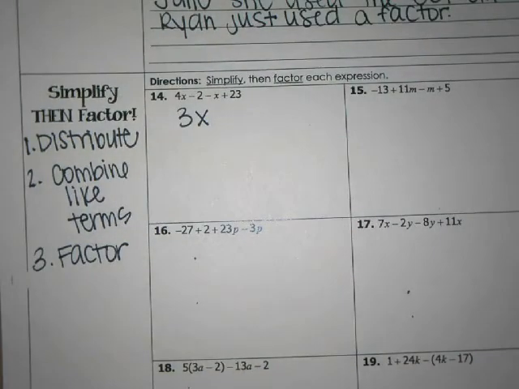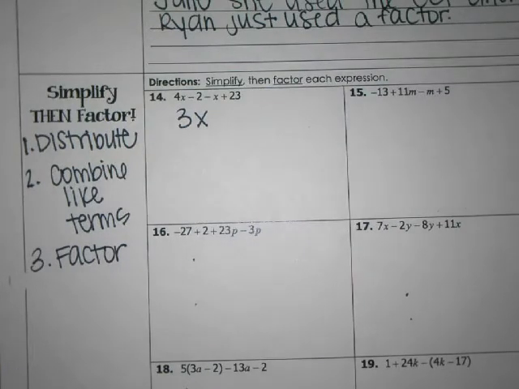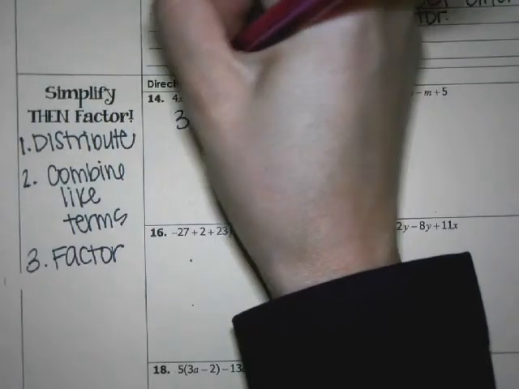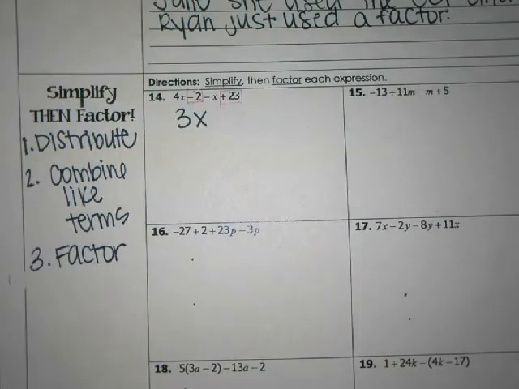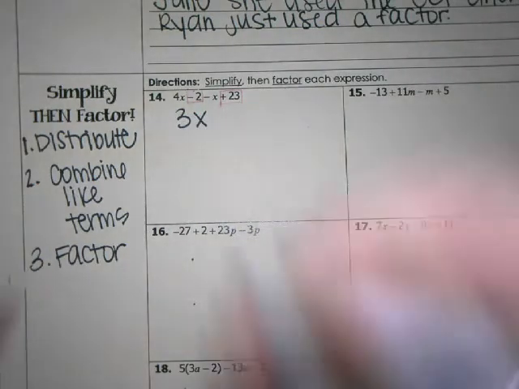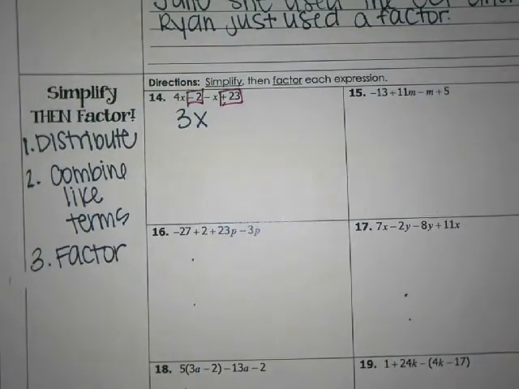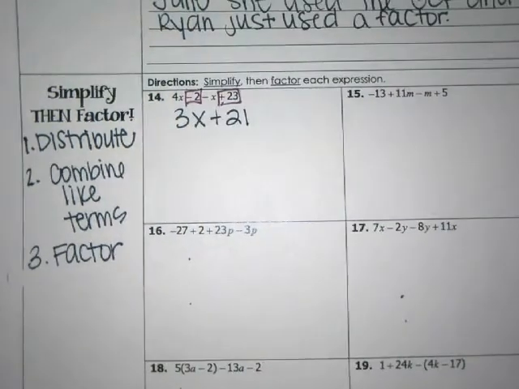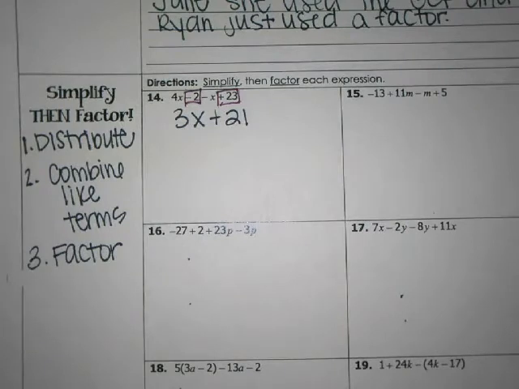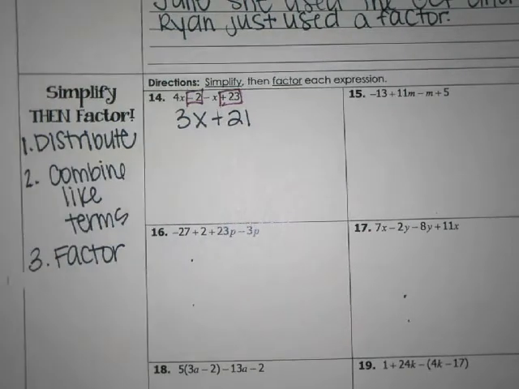Not minus 25. So it is a -2 and a plus 23. So what would that be? Plus 21. Very good. All right, so when you guys combined like terms, you should have hopefully told me 3x plus 21.